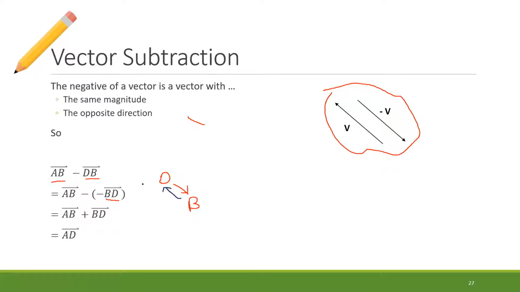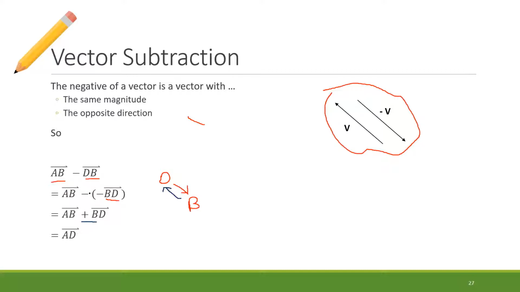So if I want to write down DB, that's the same as saying, take the vector BD, but go backwards along it. That's why there's a negative. It just so happens that two negatives cancel out to make a positive, and that's how you get vector AD. So I can't subtract DB from AB, but what I can do is turn it into a negative.